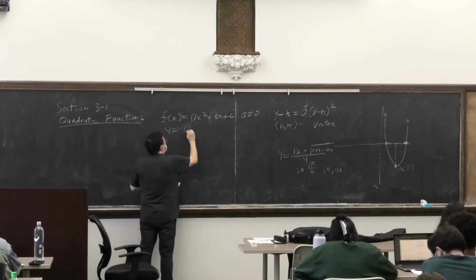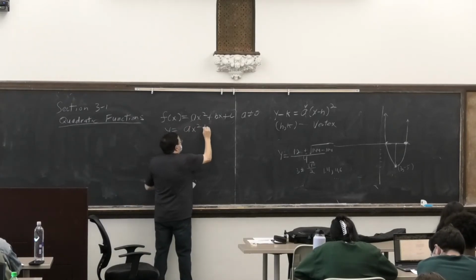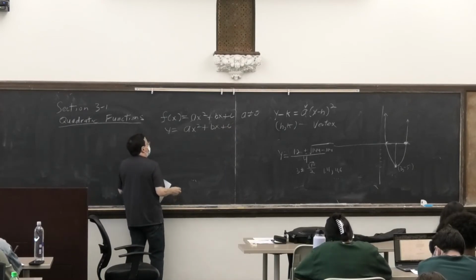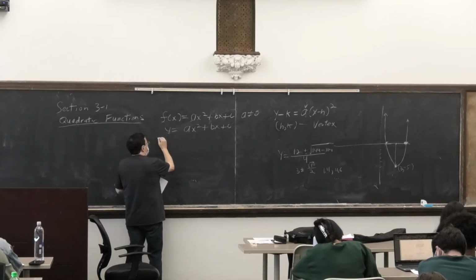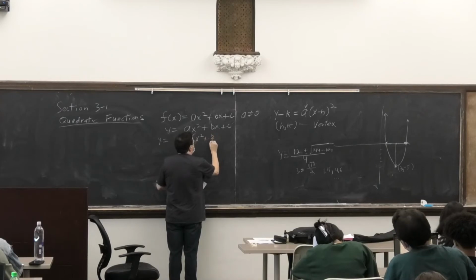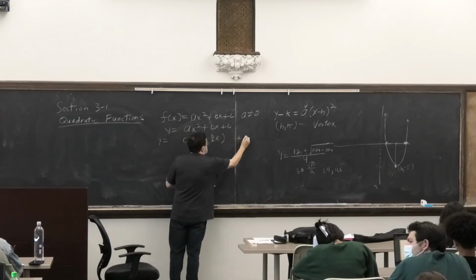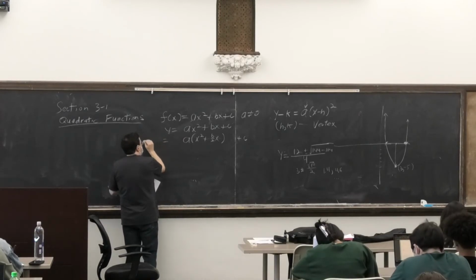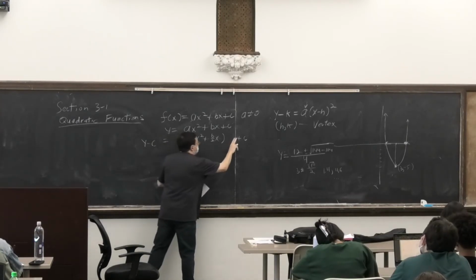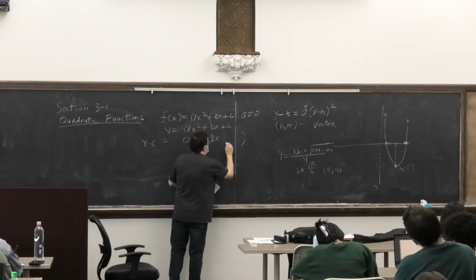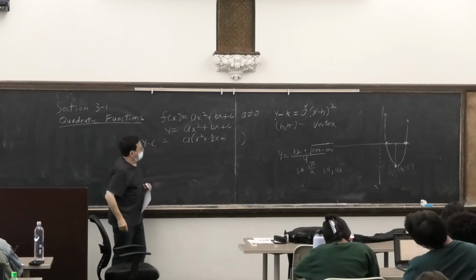So we have y equals ax squared plus bx plus c. So what did I do? First thing I did is I said a times x squared plus b over a times x, and I left this out here. I guess I could subtract it. And then I wanted to complete the square.